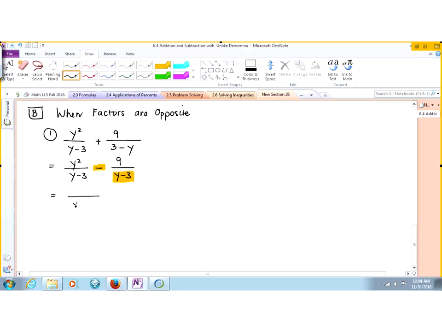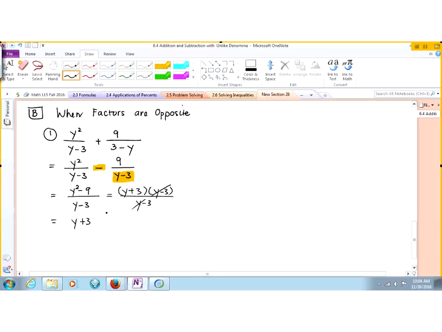So what is the LCD? Oh, they're the same. y minus 3. What do I have on top? y squared minus 9. Okay. Are we done? No? What are we supposed to do? Factor. y plus 3, y minus 3 divided by y minus 3. So these cancel. What are we left with?